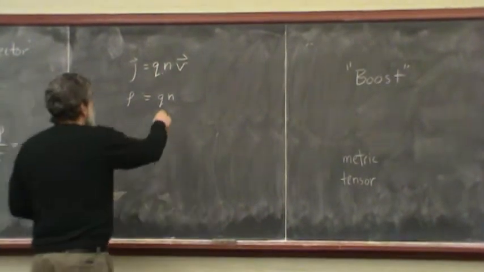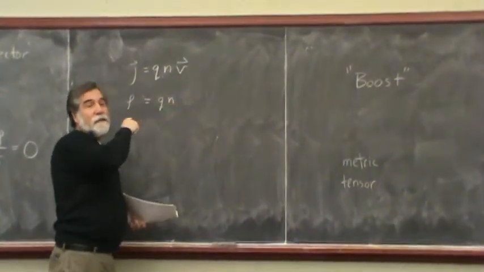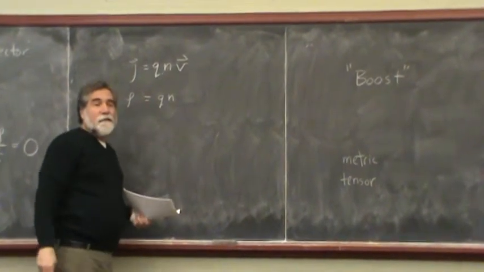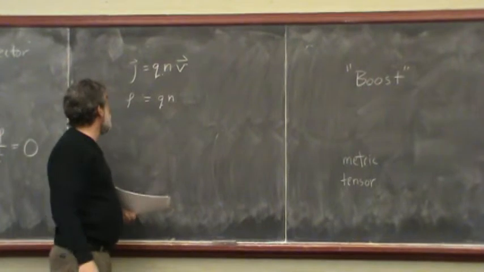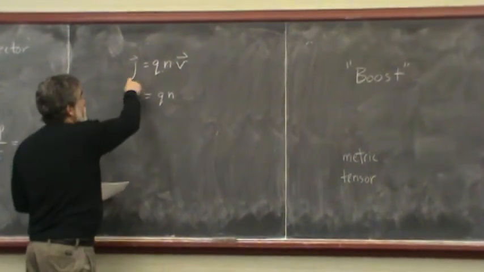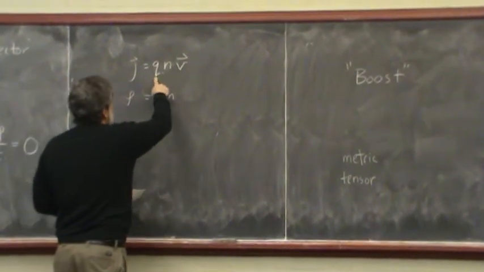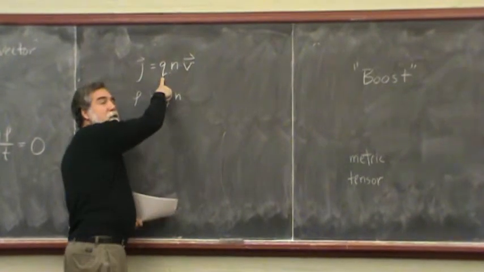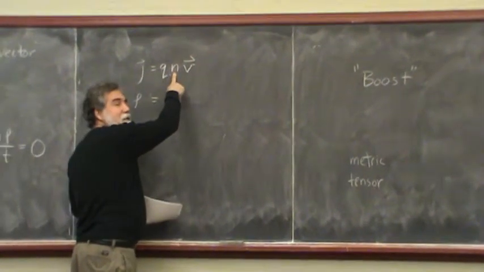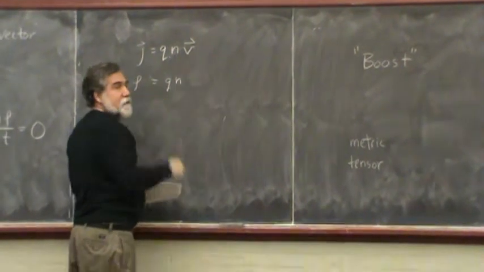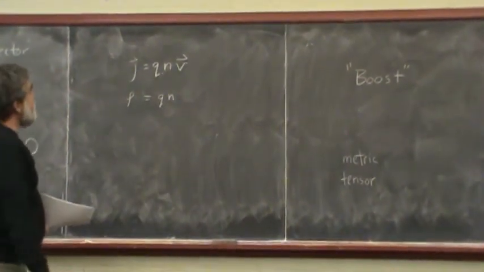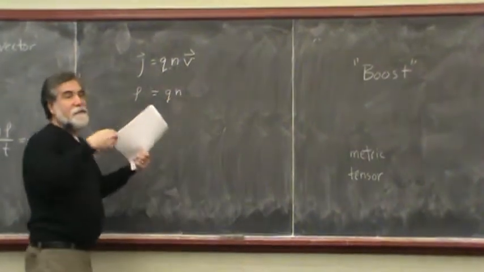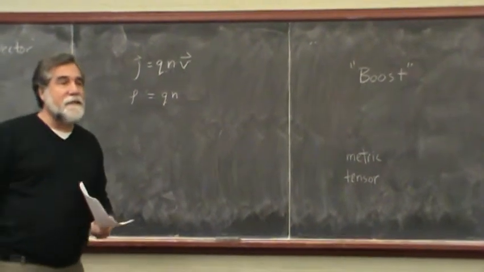Usually I reserve small letters to mean densities. So current density is charge per electron, electron density, velocity. This is actually the drift velocity because it's the sum over all charges in the system.